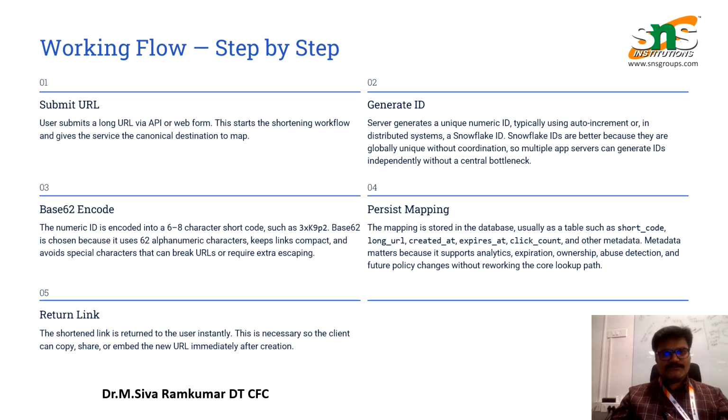The shortened URL is then returned to the user. Later, whenever someone clicks that short link, the system checks the Redis cache first. If the URL is available, the system redirects immediately. Otherwise, it retrieves the original URL from the database, updates the cache, and finally redirects the user.